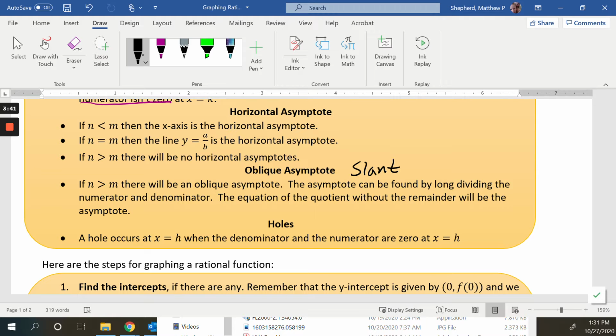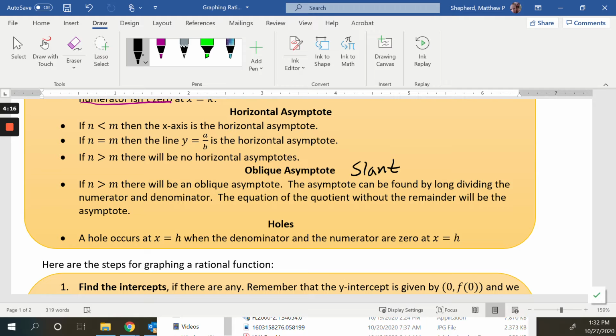The equation of the quotient without the remainder is what creates that asymptote. So you will have an asymptote that, rather than being just straight horizontal or straight vertical, could actually be a diagonal line.